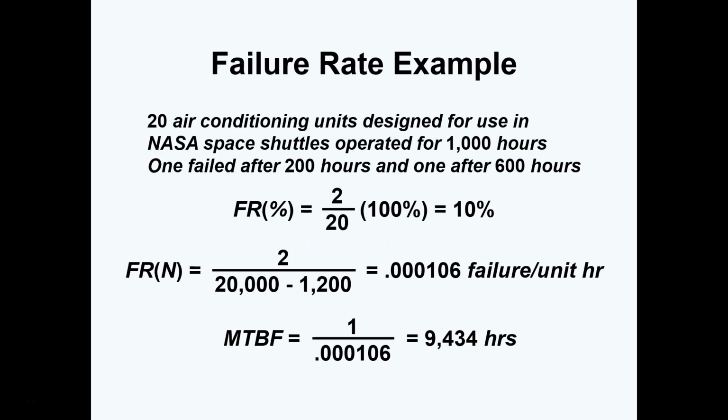In this example, we have 20 air conditioning units designed for use in NASA space shuttles operated for 1,000 hours, which means that the total number of hours that those machines should operate is 20 times 1,000, and that will equal 20,000 operating hours.